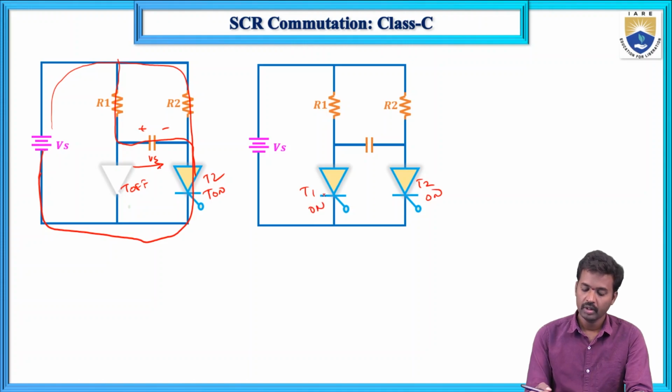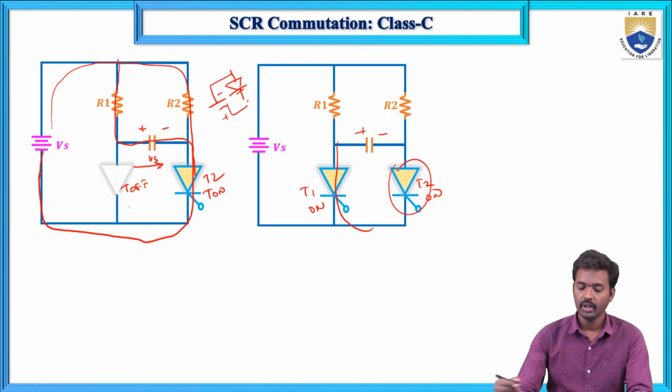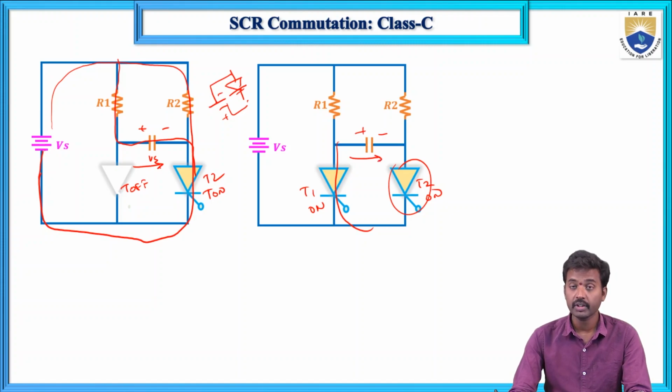Turning on means it is short circuited, with minus and plus as shown on the thyristor. Here we are giving the reverse potential to this one, so thyristor T2 is in the off position.